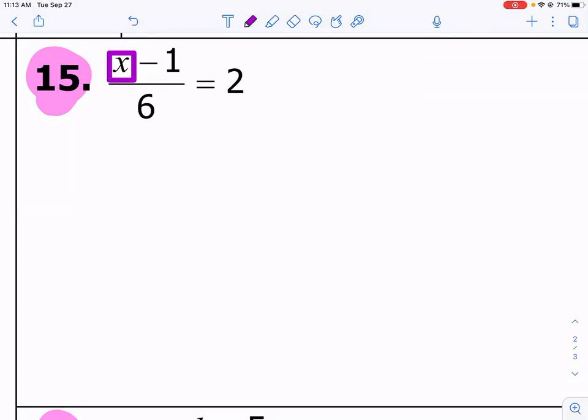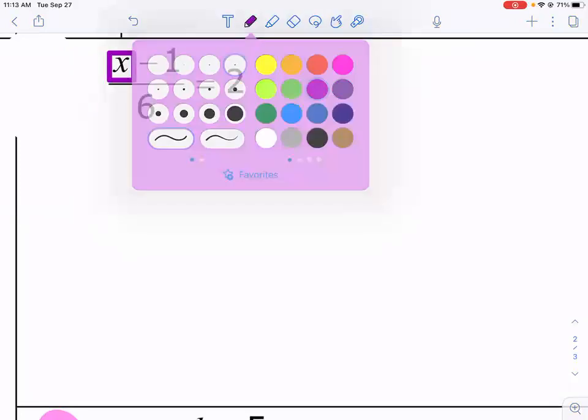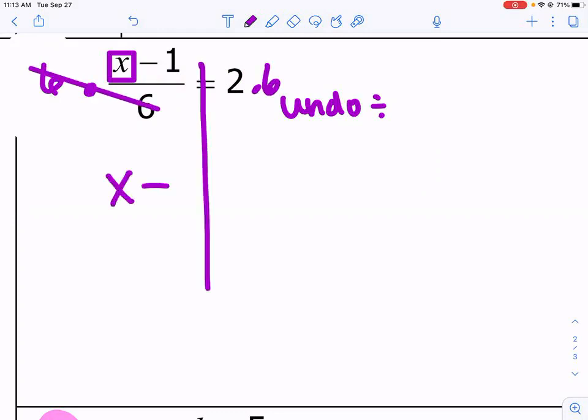All right, so I need to first undo the division. Quinlan, how am I going to undo the division? Okay, so we're going to multiply both sides by 6 so that these cancel out and we are left with X minus 1 equals 12.